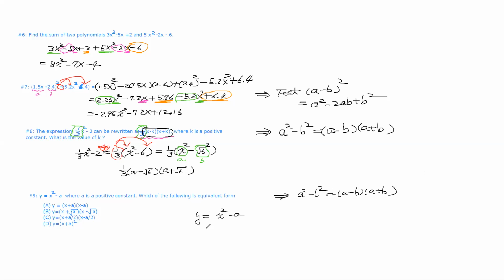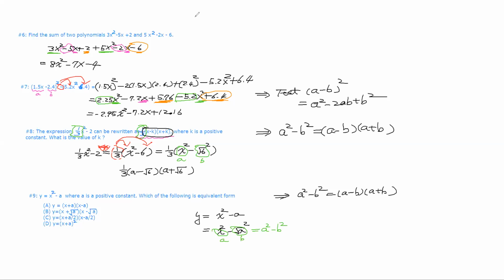So I want to use that formula. So it's x squared. How can I get another square here? I can take the square root of a, then square it. Did you see here? This is the a, and this is b. So what you have here is a squared minus b squared.